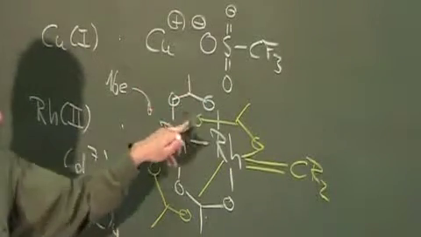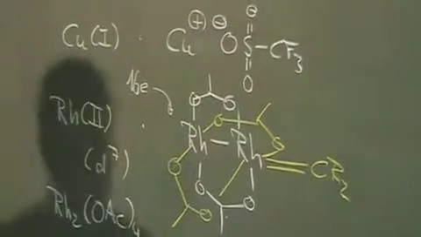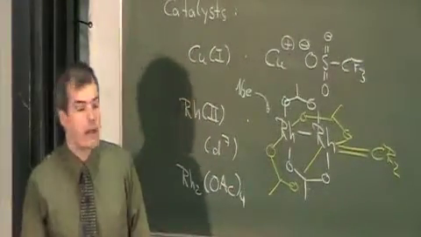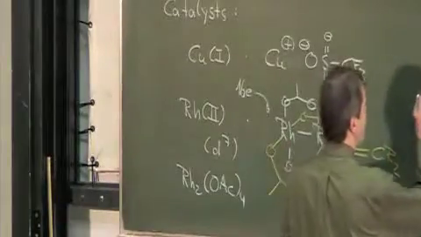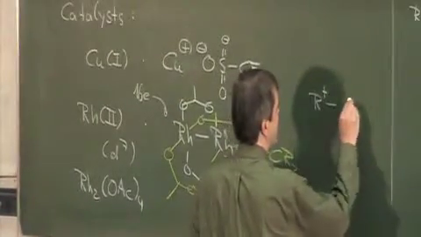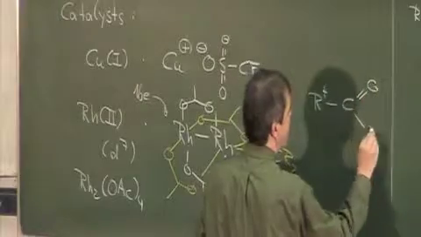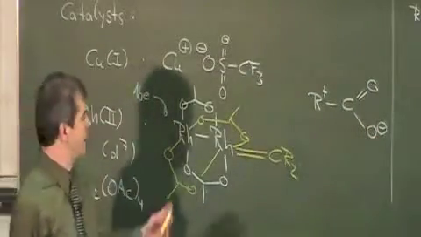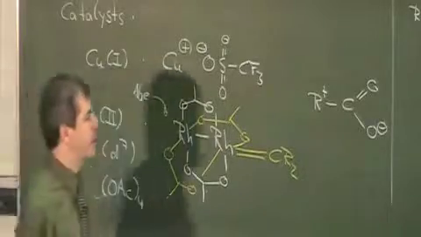The other thing you might appreciate is that if acetate is a good ligand, if you exchange acetate for a chiral carboxylic acid, you can quite easily make chiral complexes of this kind.